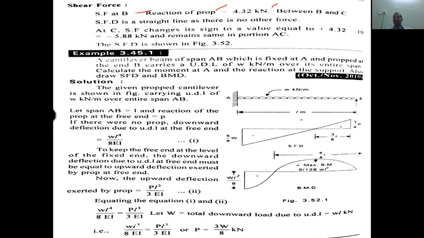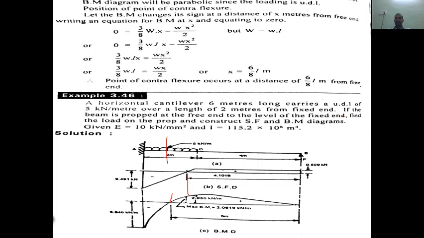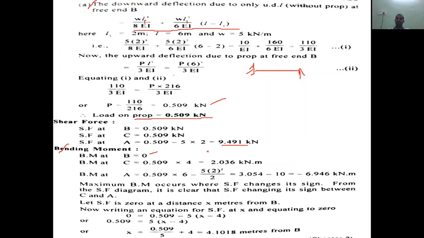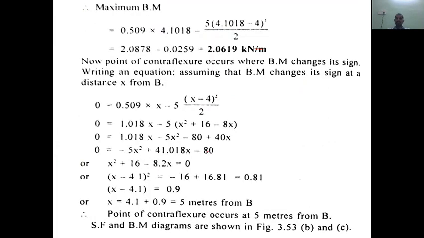Here we have a UDL acting throughout the propped cantilever beam, and again this is a special case, a propped cantilever beam subject to a partial UDL. For this also we have calculated prop reaction and thereby calculated the shear force and bending moment diagram, and we have also drawn the bending moment diagram.